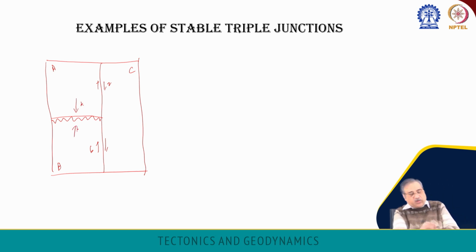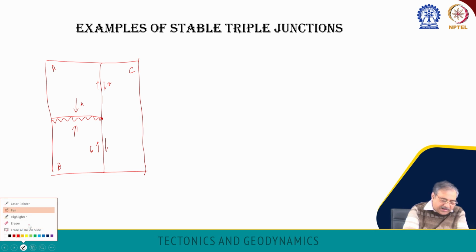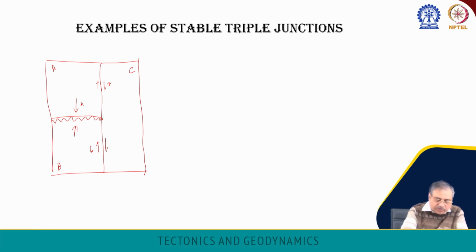So in this configuration of plates, this point here is my triple junction. What is important to me is to understand, let's take a different color to make it a little more colorful, this triple junction. At this instant of time, if I draw the configuration of the plate boundaries around it, the AB boundary is like this.